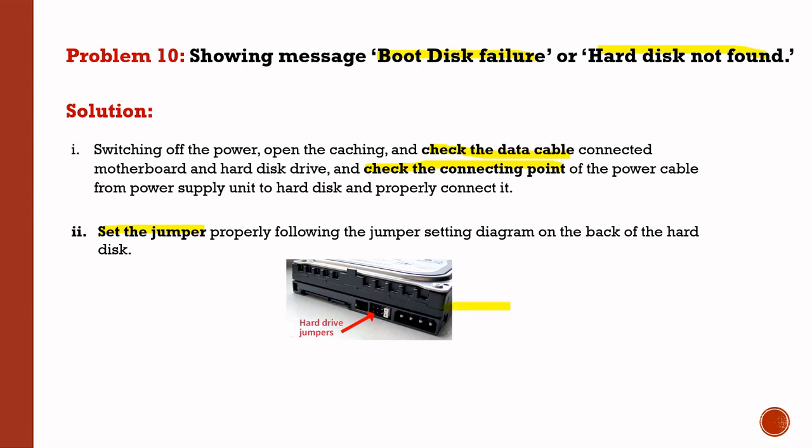Sometimes it gets loose, so we have to set this jumper properly, following the jumper setting diagram on the back of the hard disk. Okay, the first step was to check the data cables and connecting points, then check the jumper.